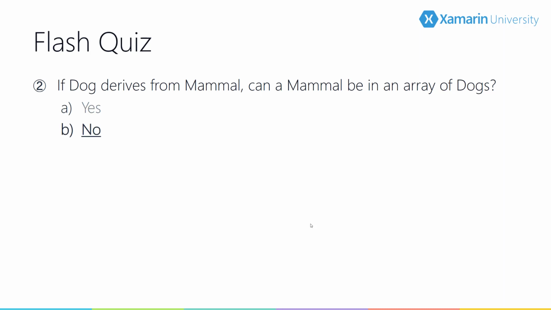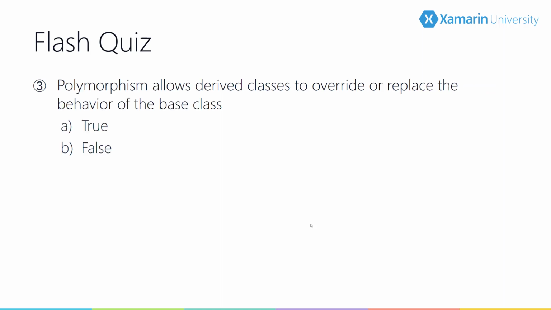And the answer here is no, mammal is not deriving from dog, so we can't store mammals in an array of dogs. Number 3, polymorphism allows derived classes to override or replace the behavior of the base class. And that would be A, true.